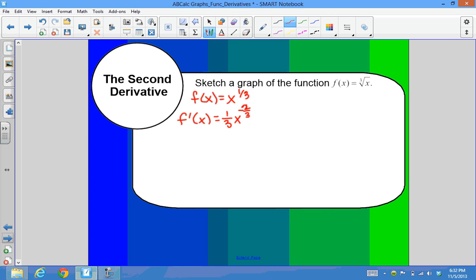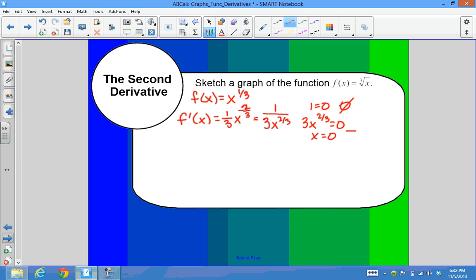If I rewrite this, I have 1/3 x to the 2/3 in the denominator, and I can see that setting my numerator equal to 0 doesn't help me, while setting my denominator equal to 0 gives me some information. Setting the numerator equal to 0, I get nothing, so there's not really a max or min on this one. When I set my denominator, 3x to the 2/3, equal to 0 and solve, I get x equals 0.